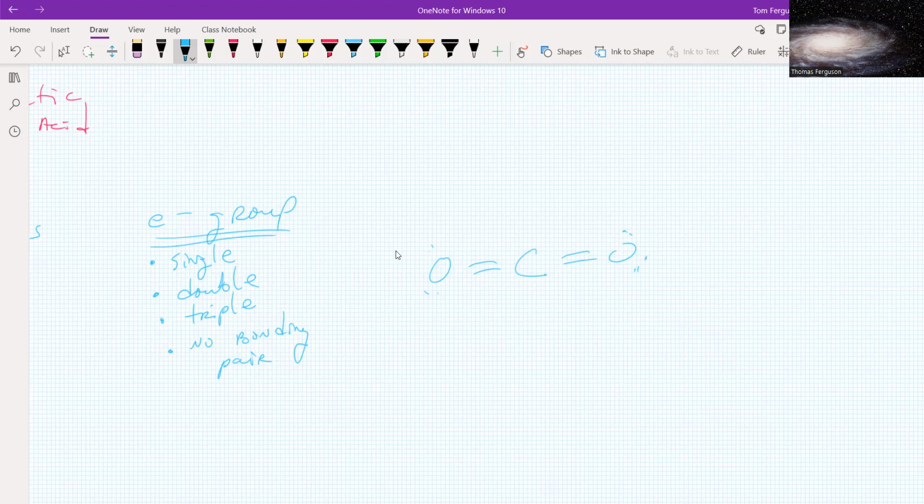So how many electron groups does that carbon have associated with it? Two. Okay, so two electron groups.